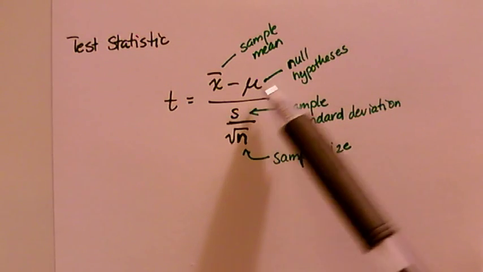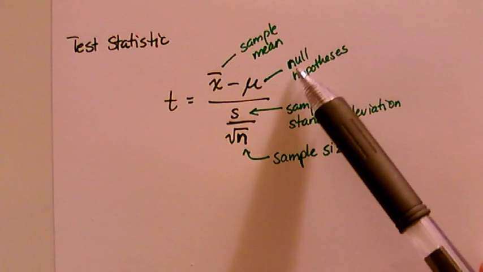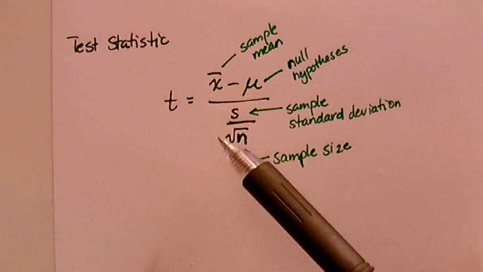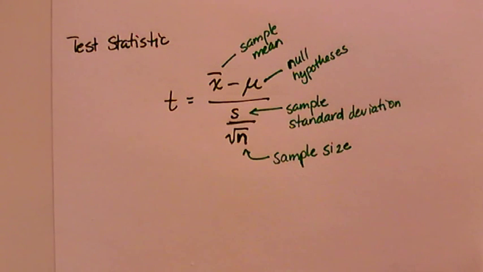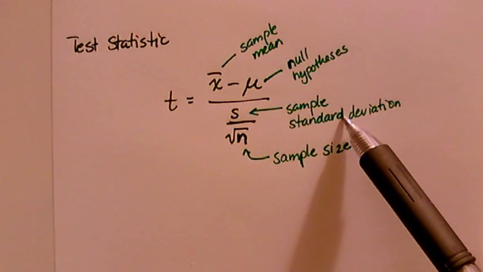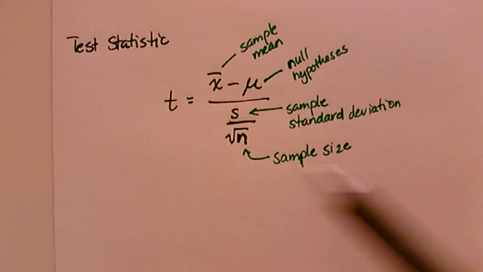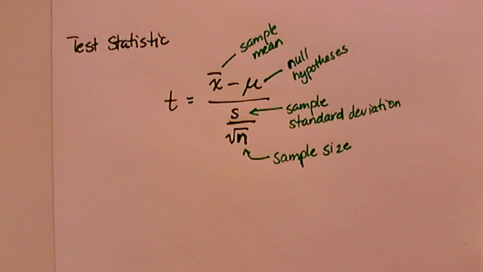The mu is going to be the population mean that comes from the null hypothesis. And then that's divided by s over the square root of n. S is the sample standard deviation that's going to be given, and n is the sample size. Okay, so that's going to be the test statistic formula that you'll use when testing your claim about a population mean.